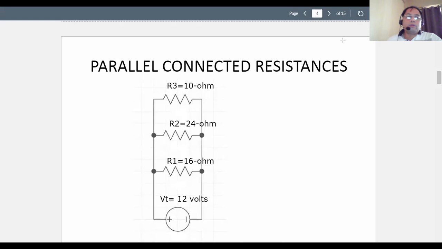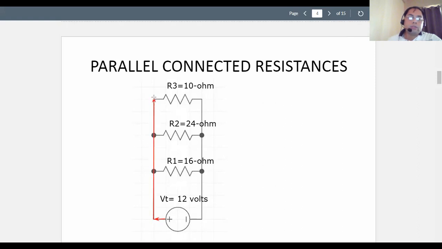Now before we go to that summary, let us remember that when the circuit is closed, or when we turn on the circuit, the current will eventually get out of our battery and will now go into the resistances.